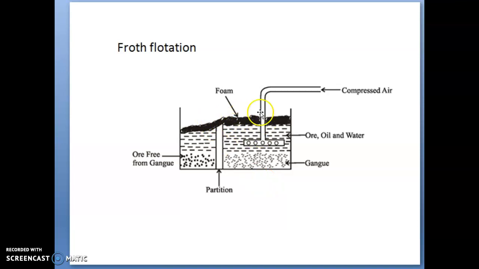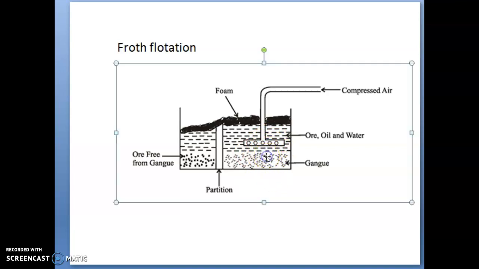The foam can be collected from the other side, so from that foam we can collect the ore particles, and the earthy material stays in the water at the bottom of the container.